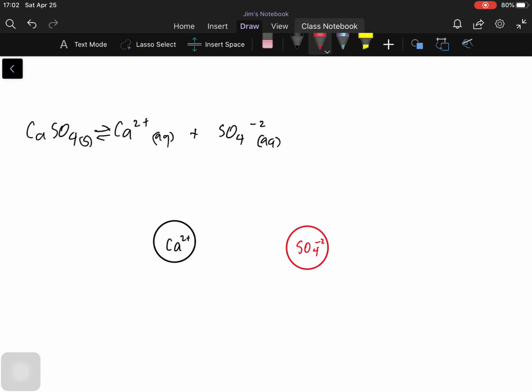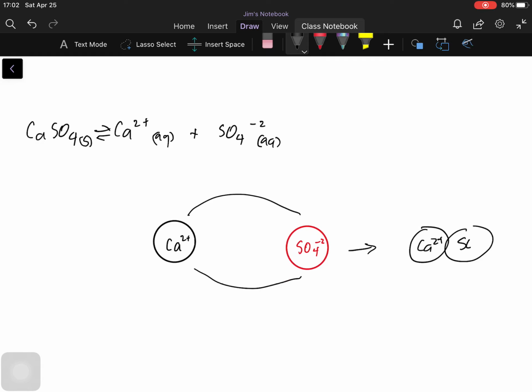When you add common ions, what happens? When you add common ions, you are adding either calcium 2 plus ions or sulfate ions. Then these will recombine together to form the precipitate.